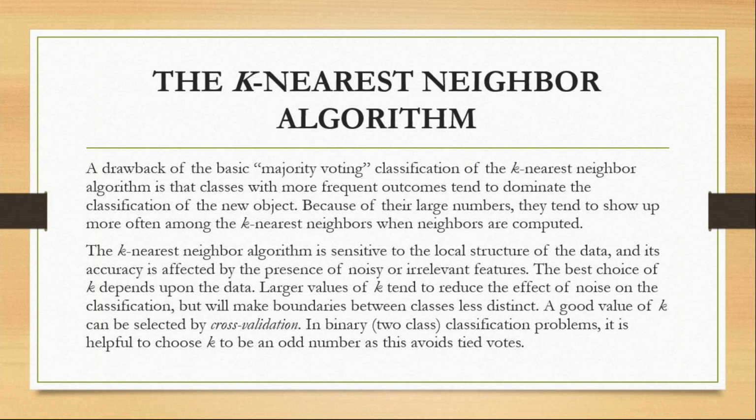If the value of my k is very high, it will take the majority vote, and the 70% will dominate my result. That is why you need to optimize your value of k, so that your noise is reduced and there is also no majority bias in your classification. So an optimum value of k should be chosen.